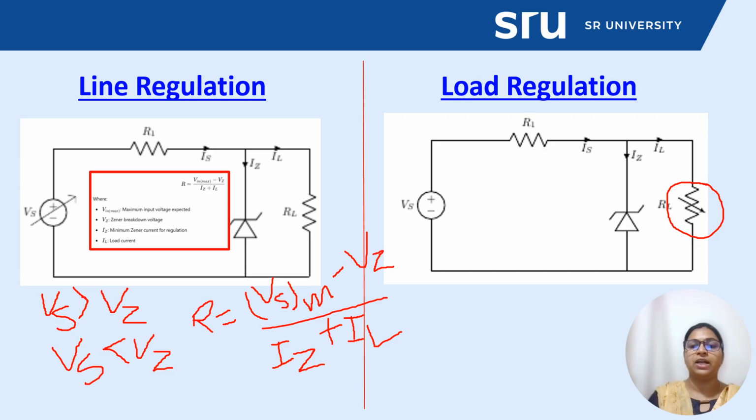As long as the Zener diode remains in the breakdown region, the output voltage stays Vz. So the main concept is that the total current I remains constant, Iz plus IL. As load current increases, Zener current decreases, or vice versa.